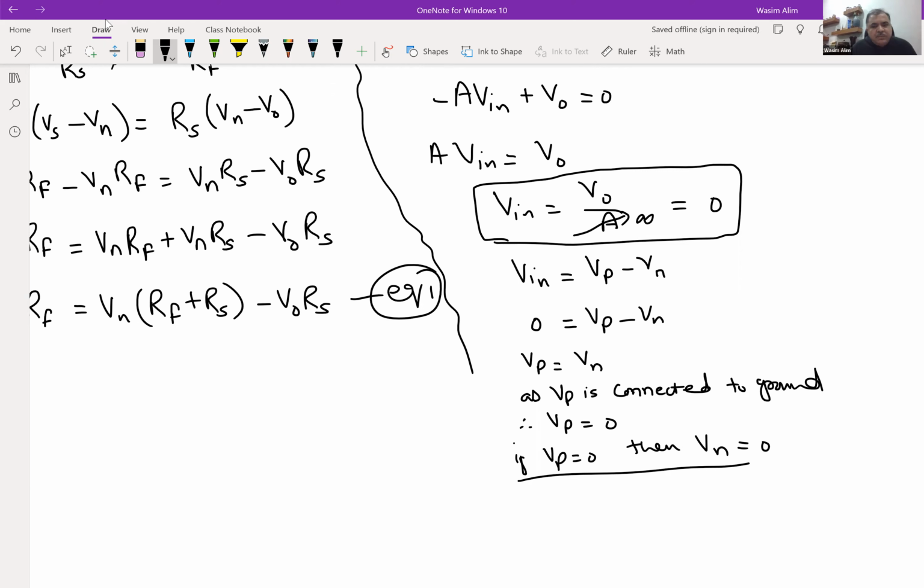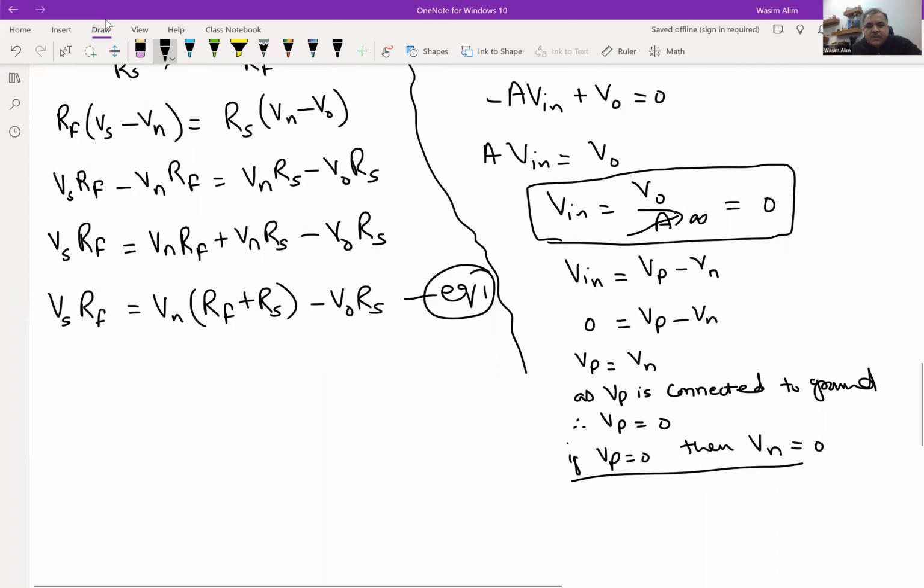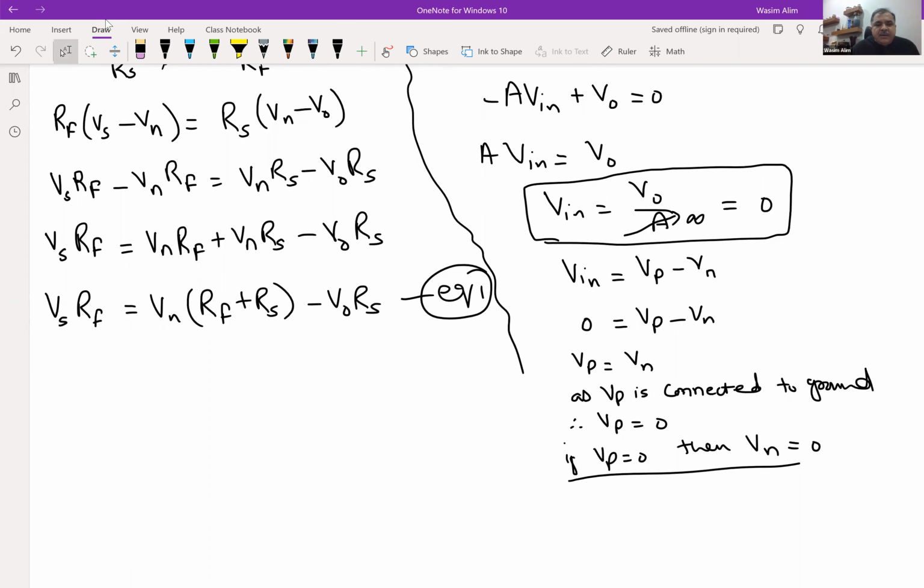Now if we take this information and apply it to equation number 1, where Vn, the letter N, is 0, then this term would be 0, right? Because you're multiplying Vn to Rf plus Rs.